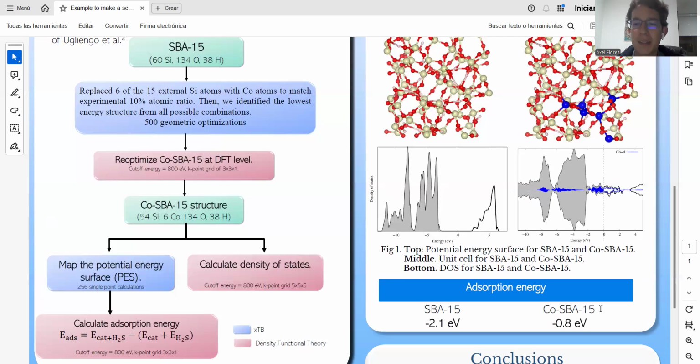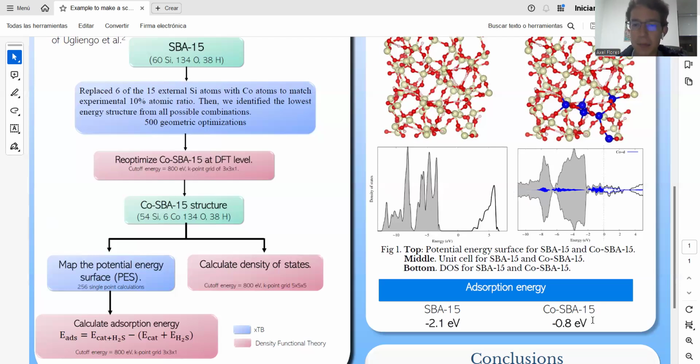We know that for a catalytic reaction, we need to adsorb and then desorb. And maybe with the pristine SBA, the adsorption is too strong, and in a certain way, it deactivates the solid, while with the doped system, the adsorption is still a bit strong.